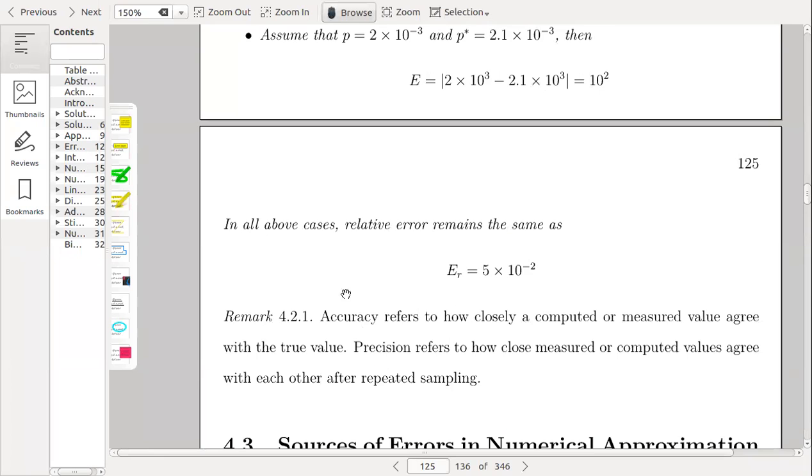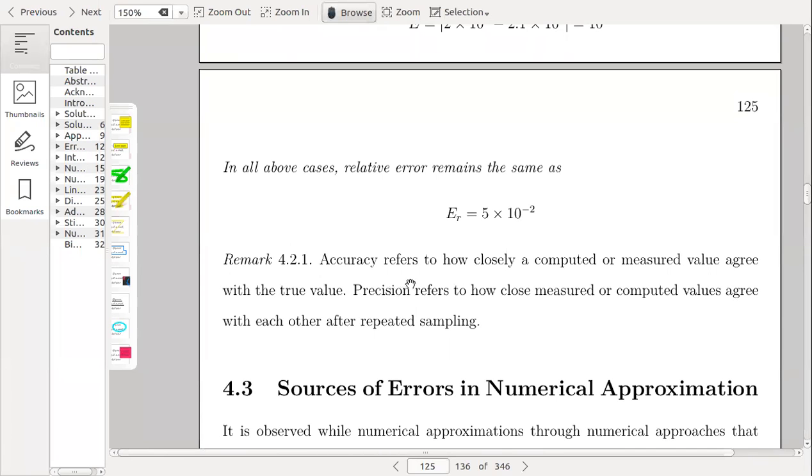So here we can add a remark. Accuracy refers to how closely a computed or measured value agrees with the true value. So what is the accuracy? It means the computed or measured value, how close it is to the true value.